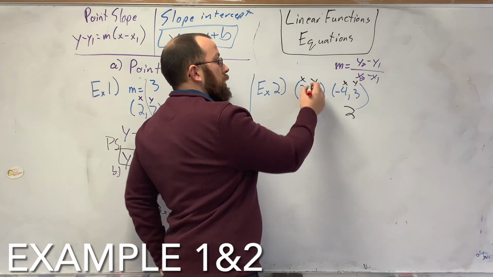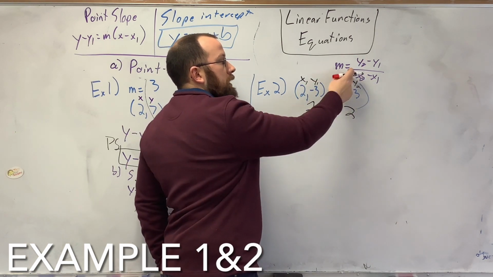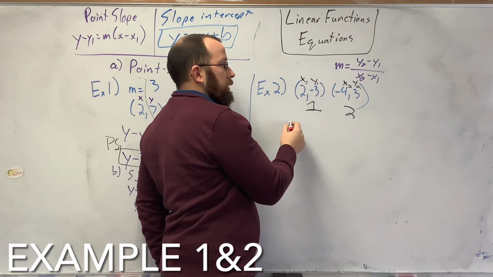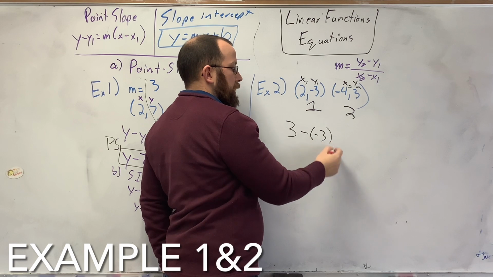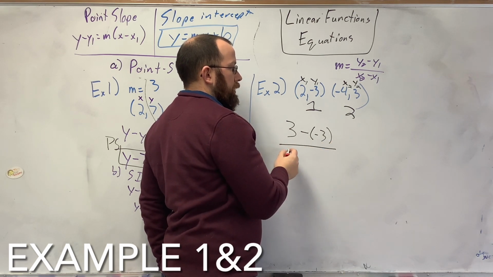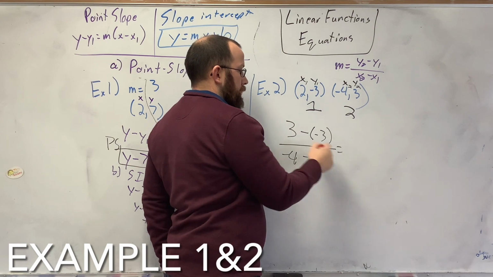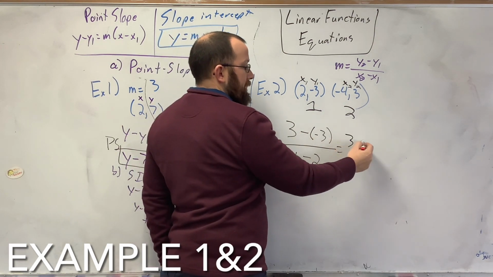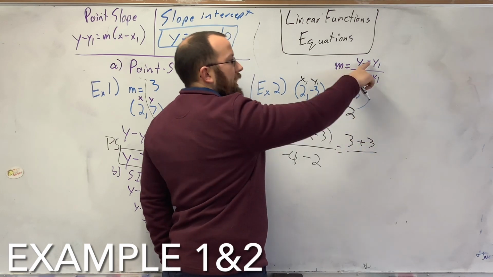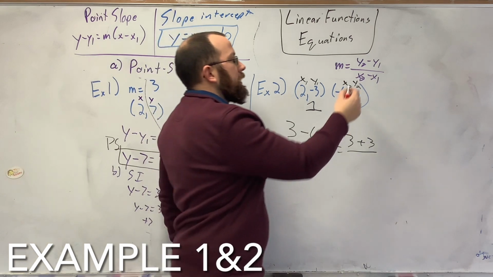So then I write my subscript, and then I plug everything into my slope formula. So 3 minus a negative 3 over negative 4 minus 2. All right, so minus a negative 3 makes that positive 3. These two negatives here just mean change the sign.